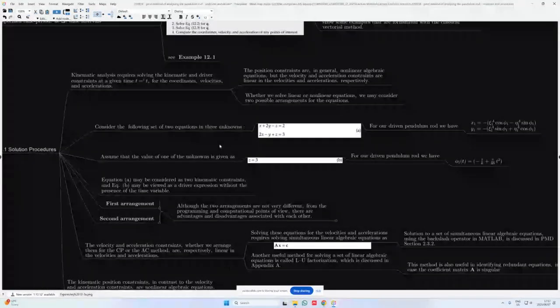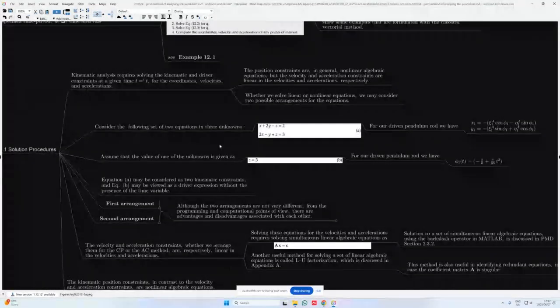The position constraints are in general non-linear algebraic equations, but the velocity and acceleration constraints are linear in the velocities and accelerations, respectively. Now, whether we solve linear or non-linear equations, we may consider two possible arrangements for the equations, and this is better illustrated through a fairly simple example that we have over here.